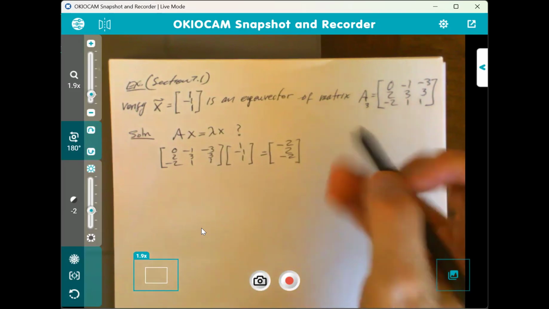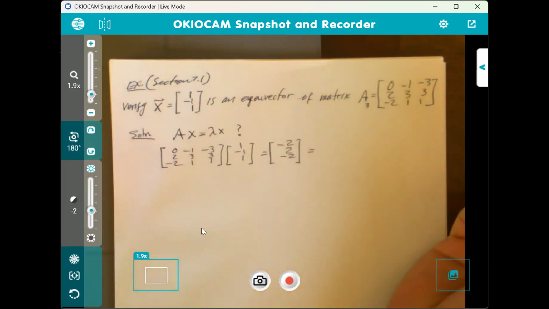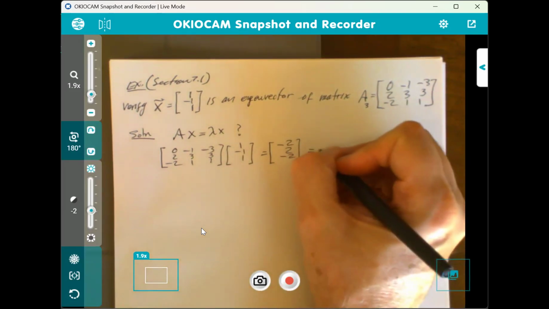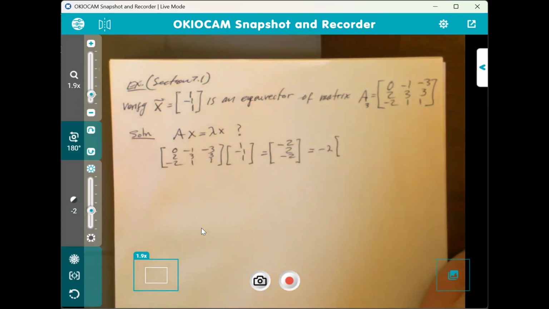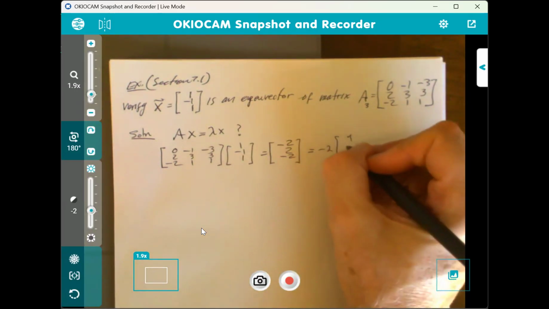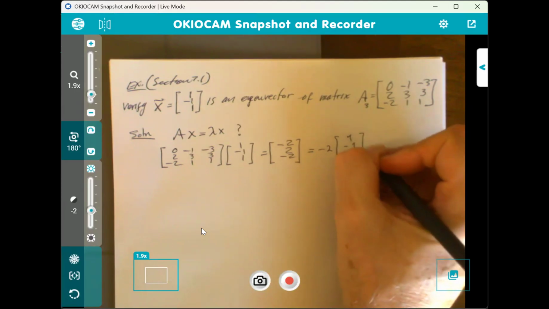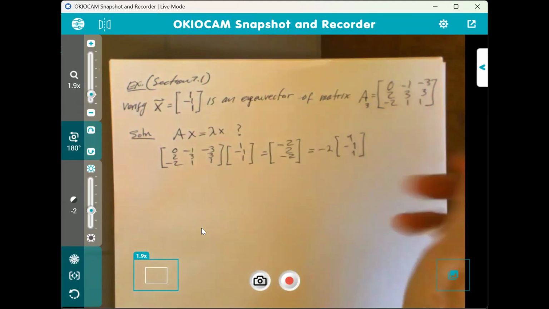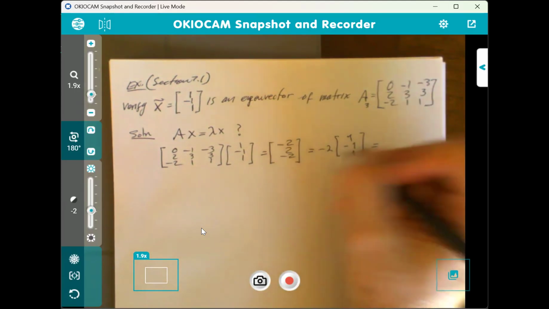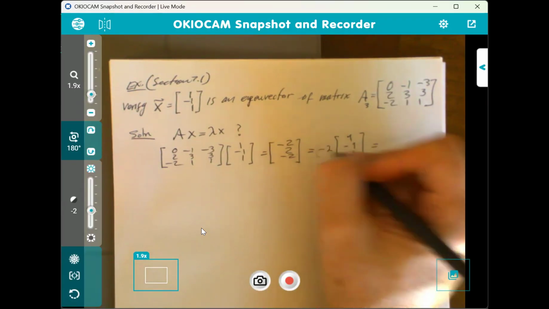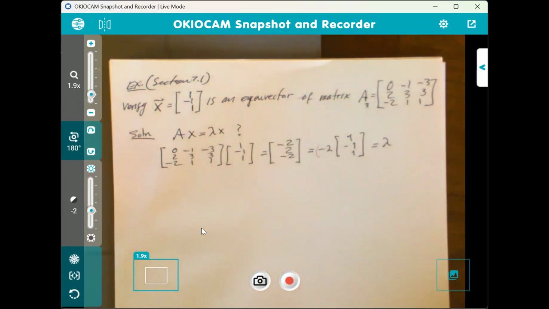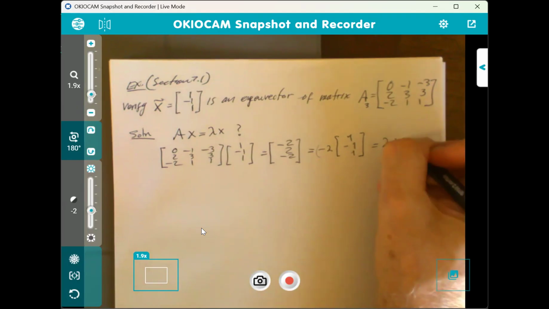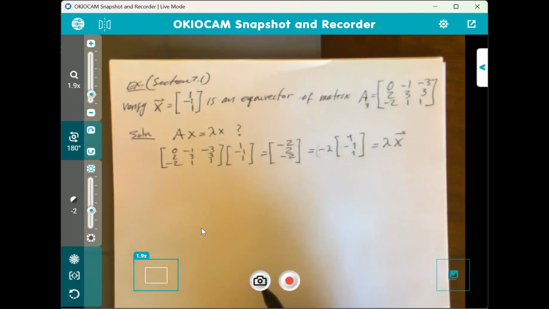Now, from this column matrix, I can actually factor out a -2, right? A constant -2, and this becomes 1, -1, 1, right? Therefore, we can see this now in the form of a constant, which we call lambda, times x. True?